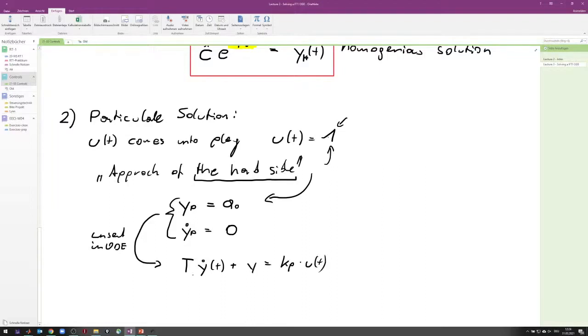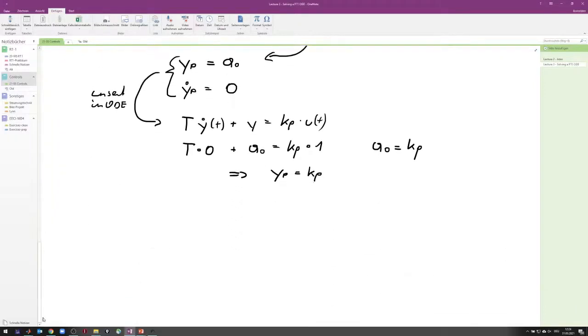Okay, we plug that in. Then we have T times 0 plus a0 equals Kp, and this u was simply 1. Okay, so our a0 is going to be Kp. And this results, our particular solution is simply Kp.